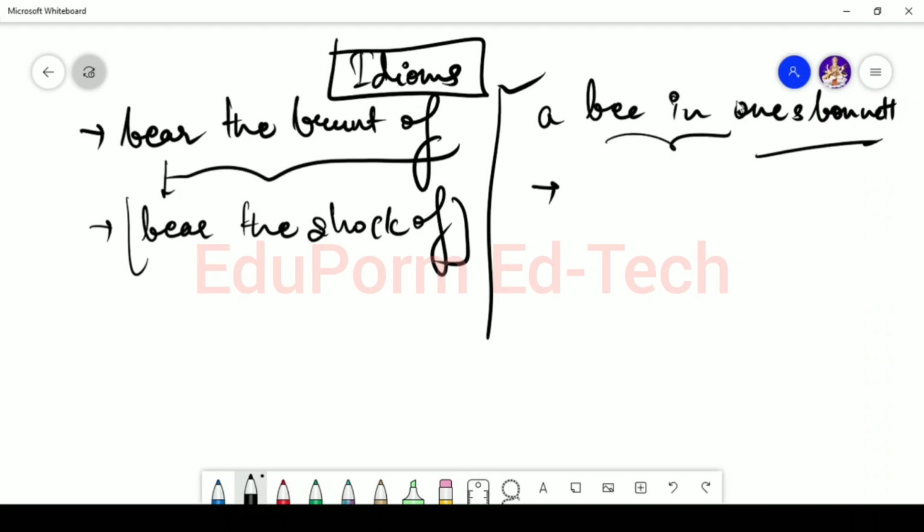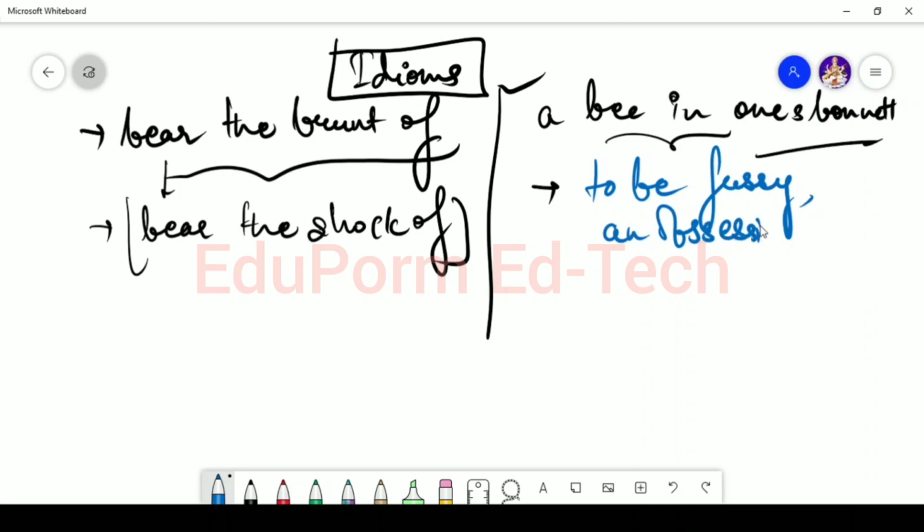That doesn't mean कि एक मधुमक्खी आके किसी के bonnet में trapped है ऐसा कुछ. No, that doesn't mean that. A bee in one's bonnet means to be very much fussy about something, okay, or to have a kind of obsession, to be obsessed about something.